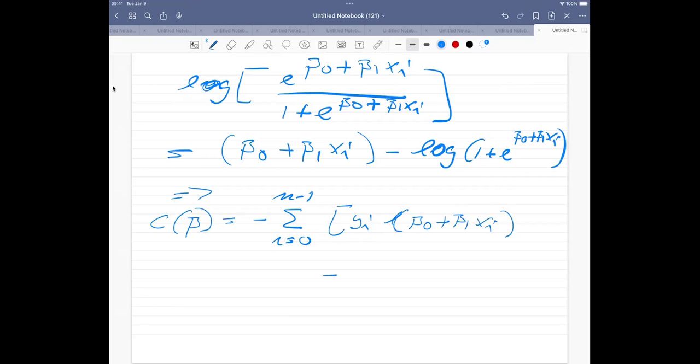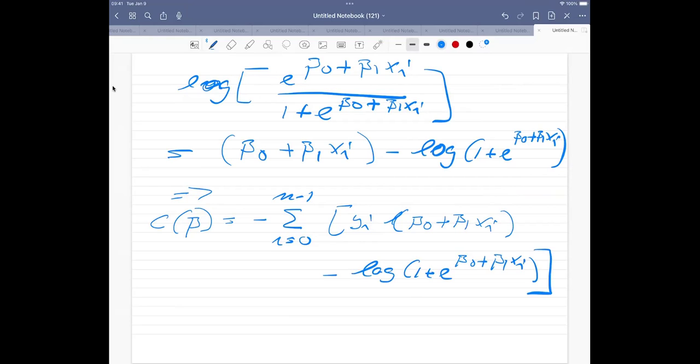And then I get minus log of 1 plus e to the beta_0 plus beta_1 x_i. And that's the final expression. So this is much simpler than just a product of all these probabilities, and this is something which we can calculate the derivatives of.